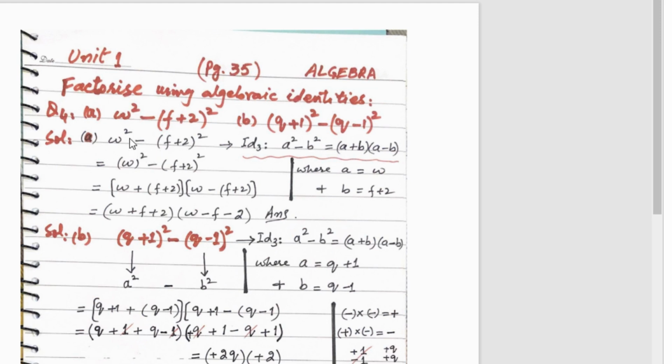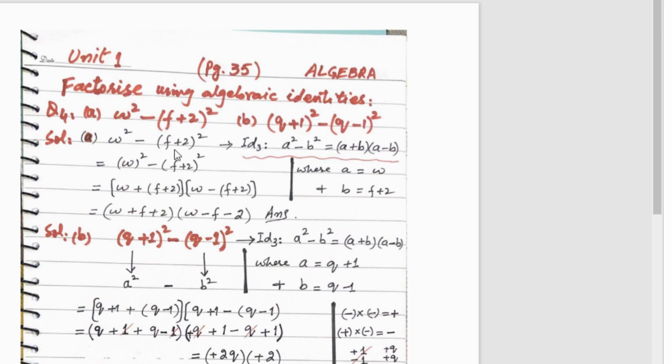First of all, we will look at the squares. How many squares are there? 2. Then we will look at the minus sign between the two squares. So we can say that this is a difference of two squares. Minus means difference.